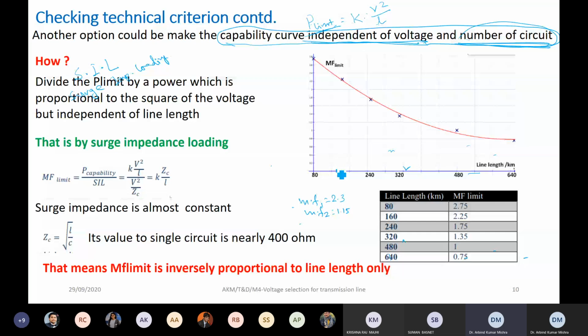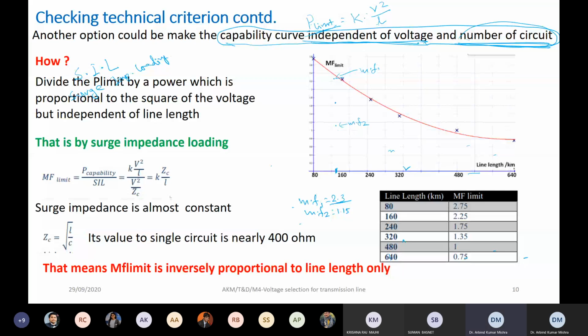So for a single circuit, MF1 is here. And for a double circuit, it is much below. This is for the double circuit, MF2.